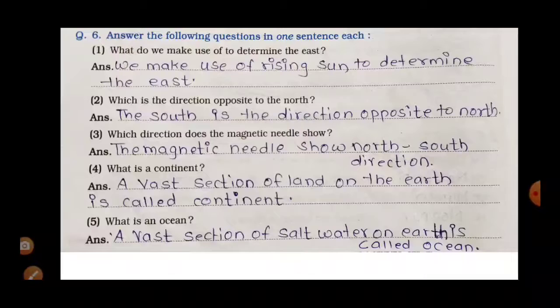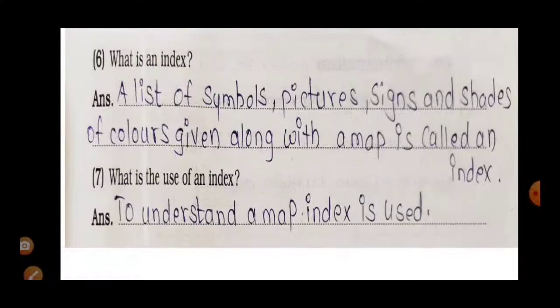Question number 4. What is a continent? Answer. A vast section of land on the earth is called continent. Question number 5. What is an ocean? Answer. A vast section of salt water on earth is called ocean. Now next question, that is question number 6.